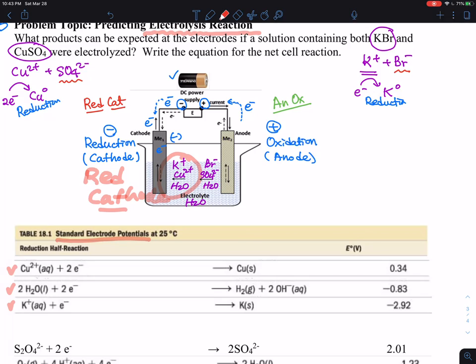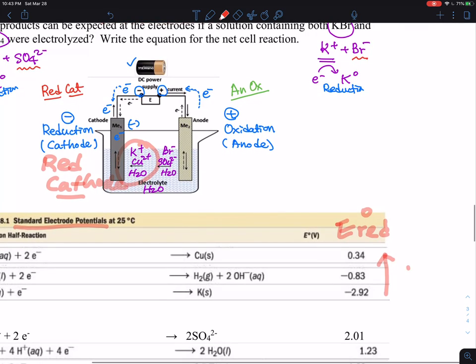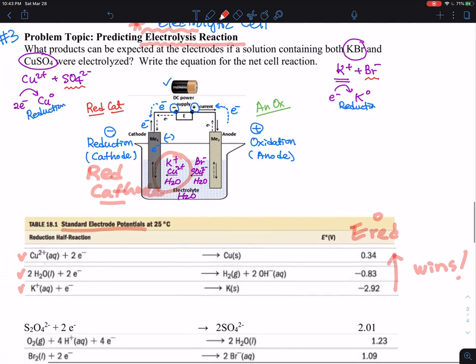Do you remember, this is the reduction potential, and the higher you go up, this one wins. This is a way that I will remember. So there are different trends.